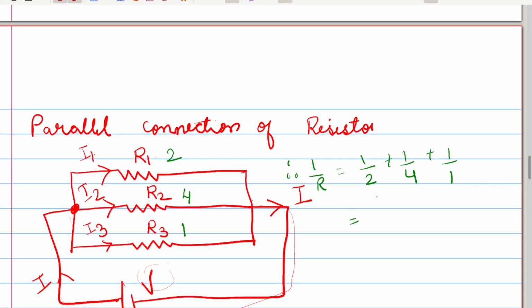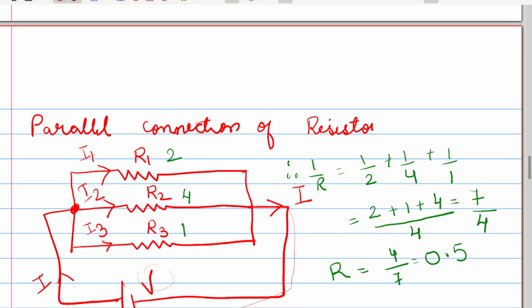So it would be 2 plus 1 plus 4, okay, divided by 4. Okay, so it is 7 upon 4. So the value of R will be 4 upon 7. That would be 0.5.